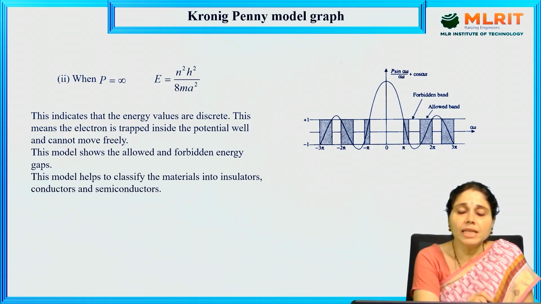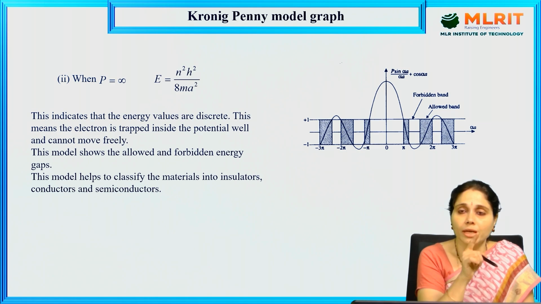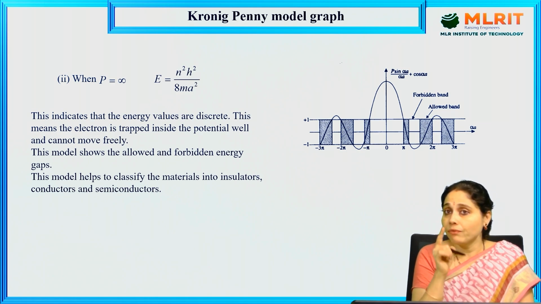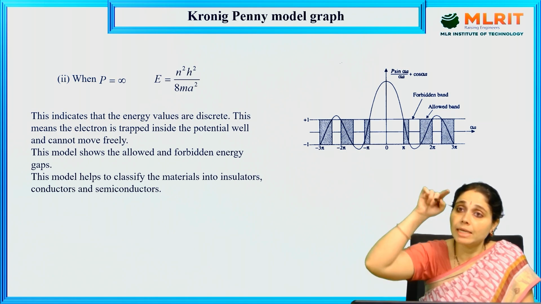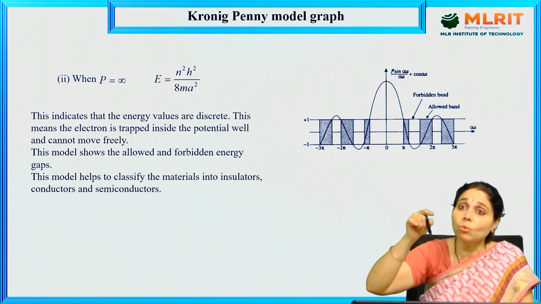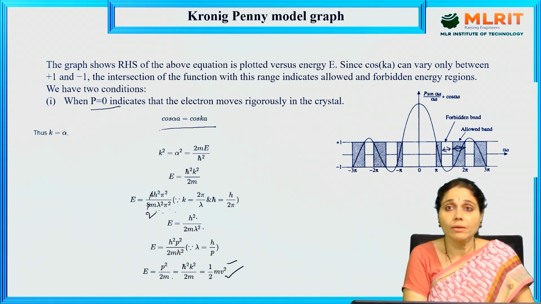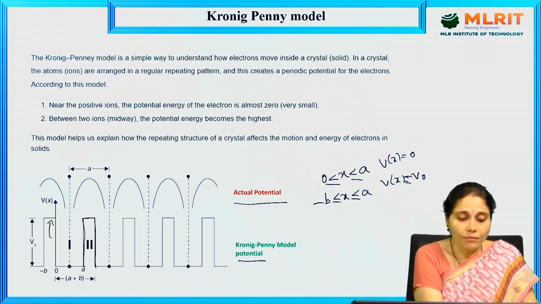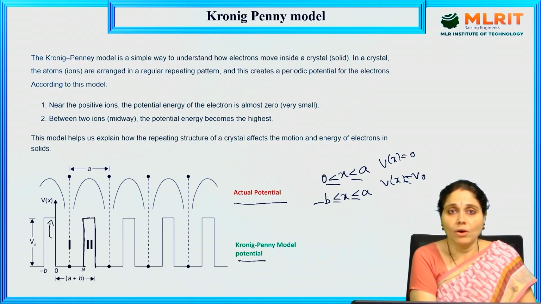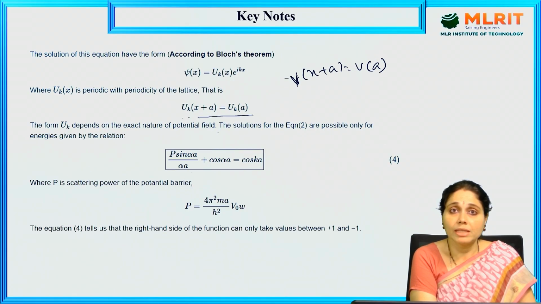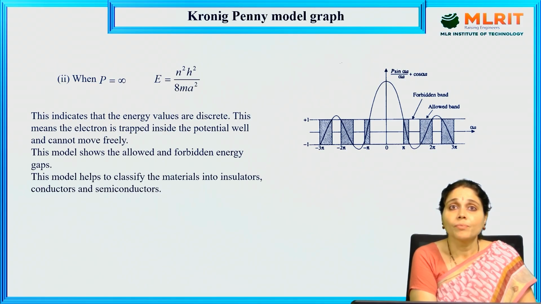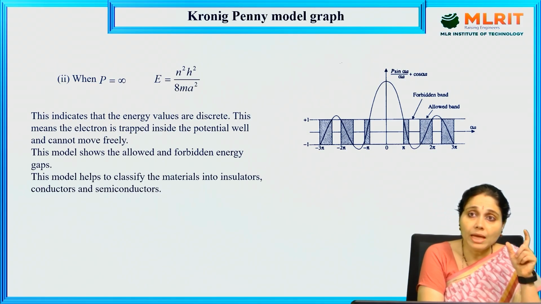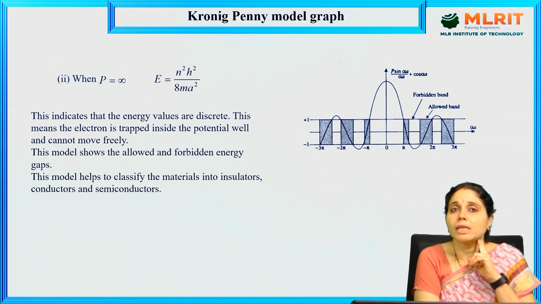This indicates that the energy values are discrete. This means the electron is trapped inside the potential well and cannot move freely. When P equals infinity, the potential energy is high at its peaks, then the electron will be within the potential well itself.